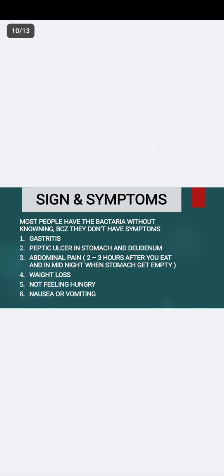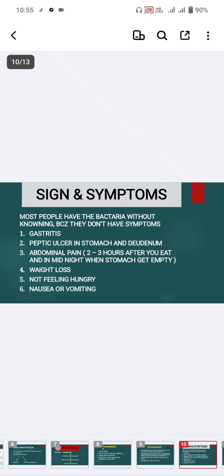Now the signs and symptoms of H. pylori we discuss. Most people have the bacteria without knowing because they don't have symptoms. ज़्यादातर लोगों में ये बीमारी मौजूद होती है क्योंकि इनके सिम्टम्स ज़ाहिरी मालूम नहीं होते, लेकिन इनमें ये बैक्टीरिया मौजूद होता है. So the first one is gastritis, a type of stomach disease, and peptic ulcer in the stomach and duodenum.